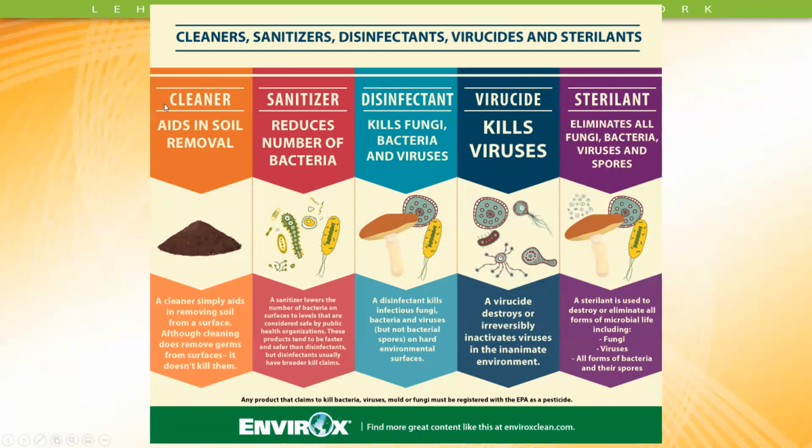Some of these things will just aid in soil removal, but if you get viruses on a surface, you would really like to use either a viricide or a sterile wipe in order to kill the viruses, not just soap. If they get really entrenched into material or on ventilators and things like that.